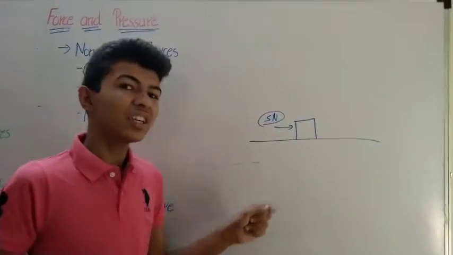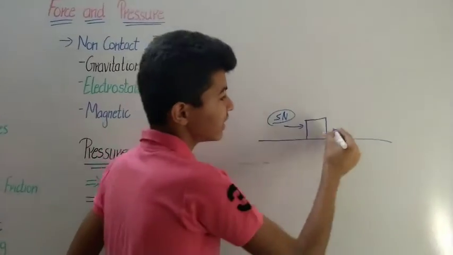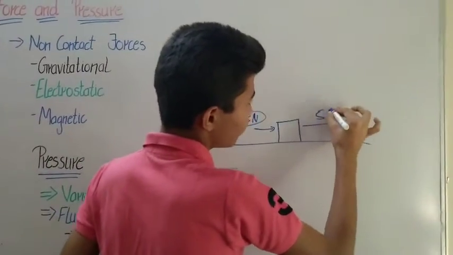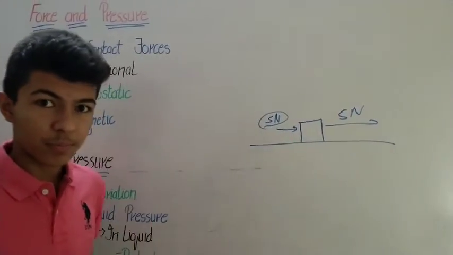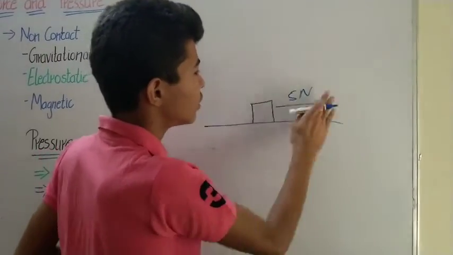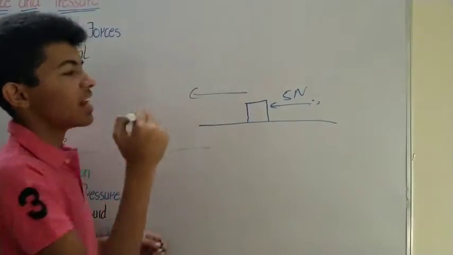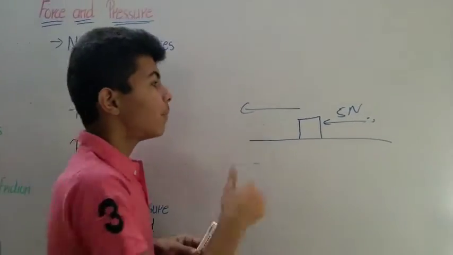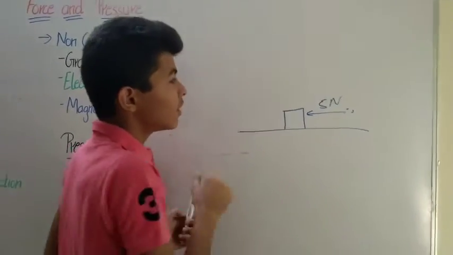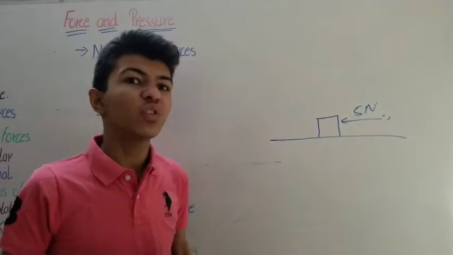Here, newton is the SI unit of force. The block would move in this direction with 5 newtons. In another case, if you push with 5 newtons from the other side, the block will move in the opposite direction. This is the scenario when only one force is applied. This is known as the magnitude of force.